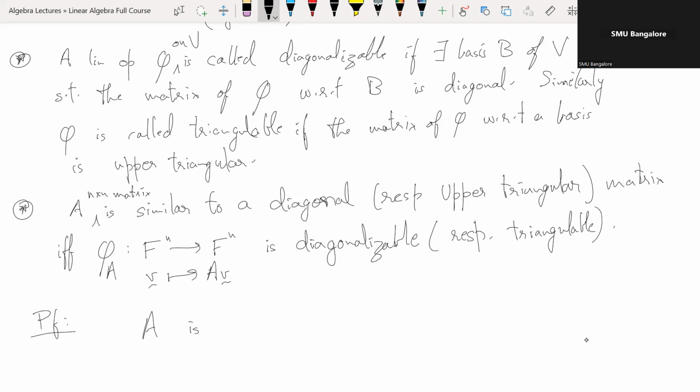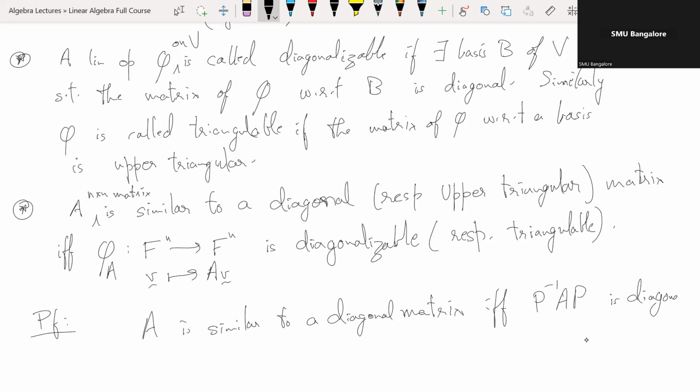So A is diagonalizable, that is, similar to a diagonal matrix, if and only if P inverse AP is diagonal for some P.